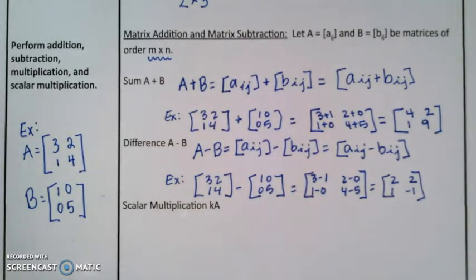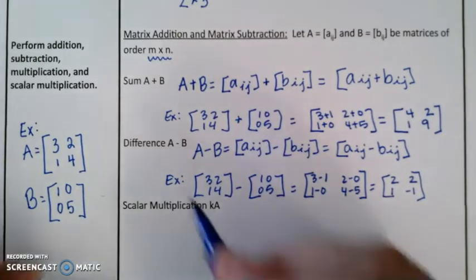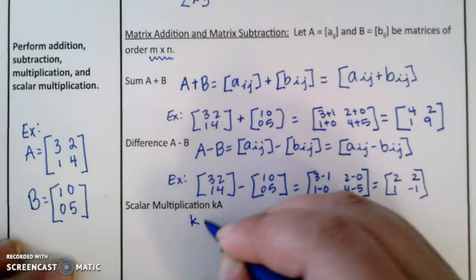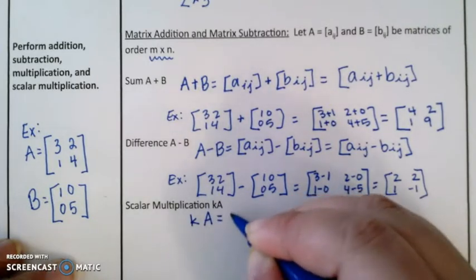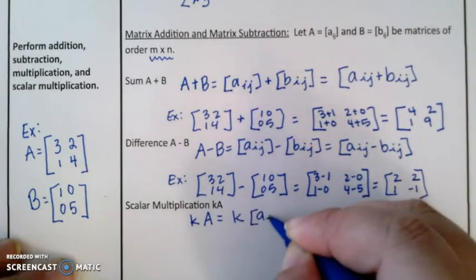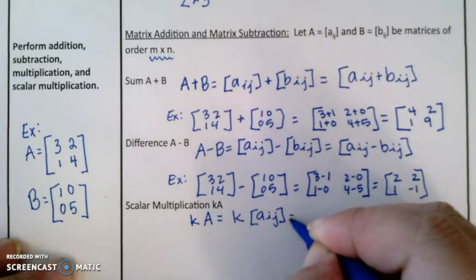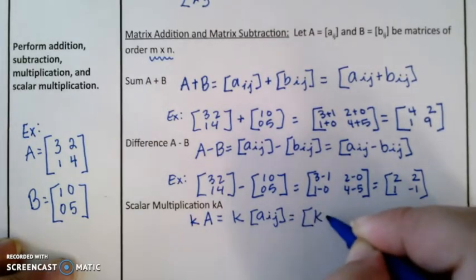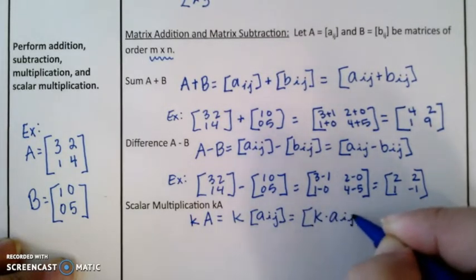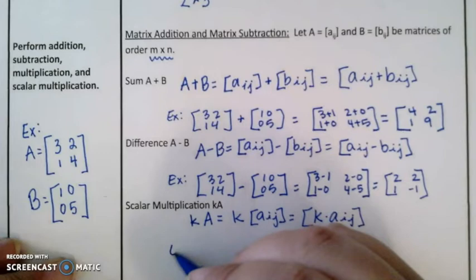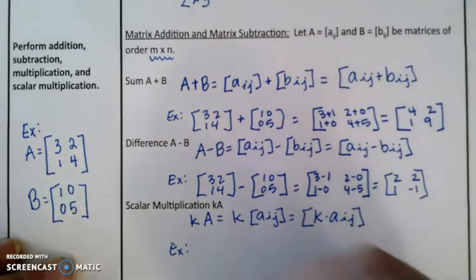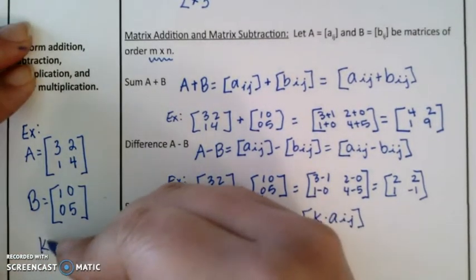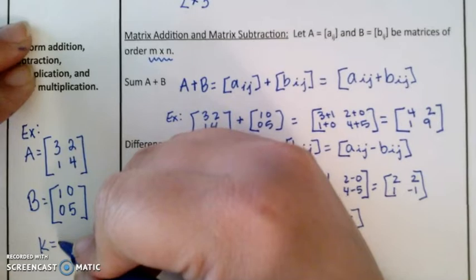Okay, so then the last part on this page is scalar multiplication, which means I'm multiplying a constant by a matrix. So if I have a constant times matrix A, that would be that constant times each element, which I can write as K times A sub I J. In our example, let's let K equal, let's just say 5.